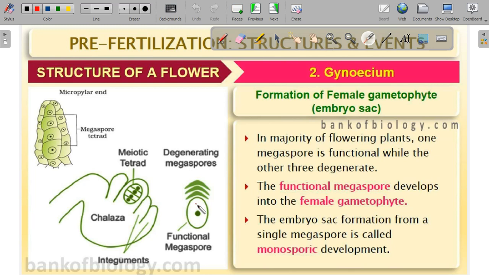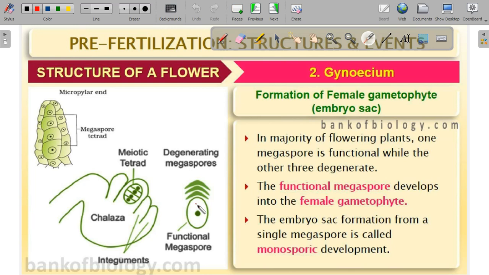Now my question I'm going to shoot before you all. The megaspore transforms into a two nucleate, then followed by four nucleate and eight nucleate. In this, does karyokinesis and cytokinesis take place together, or only karyokinesis? Only karyokinesis.